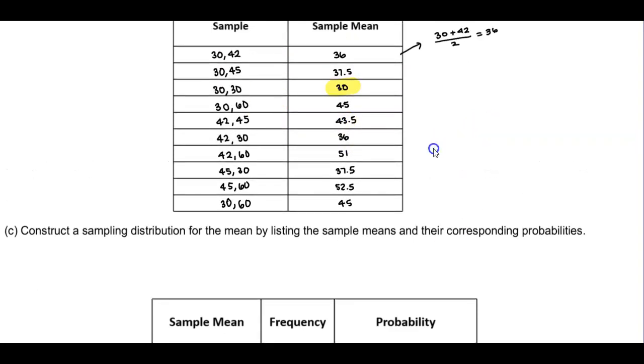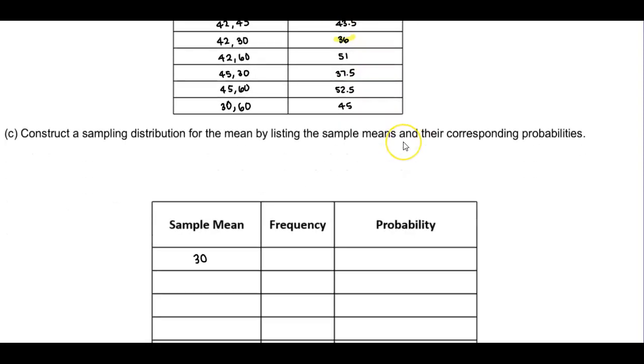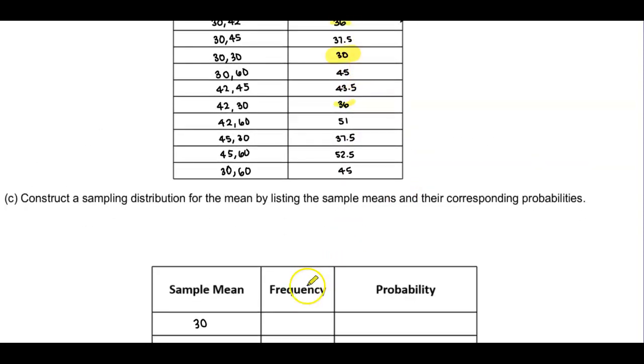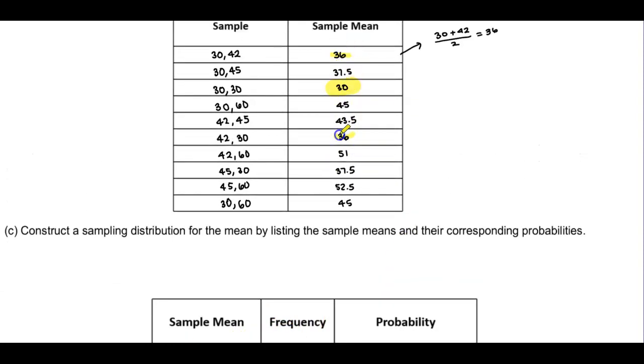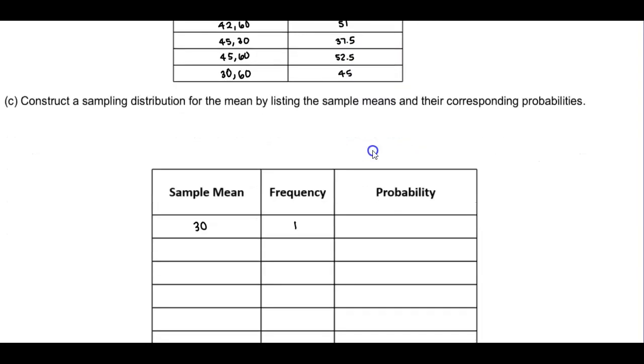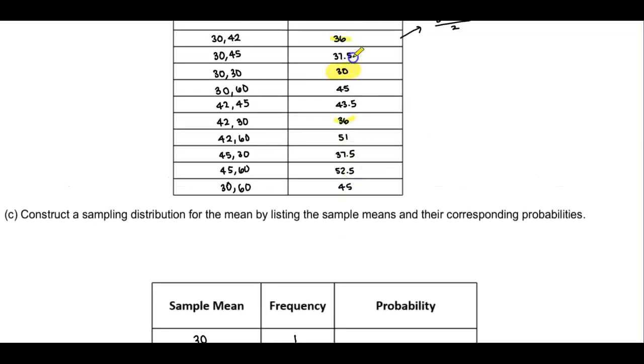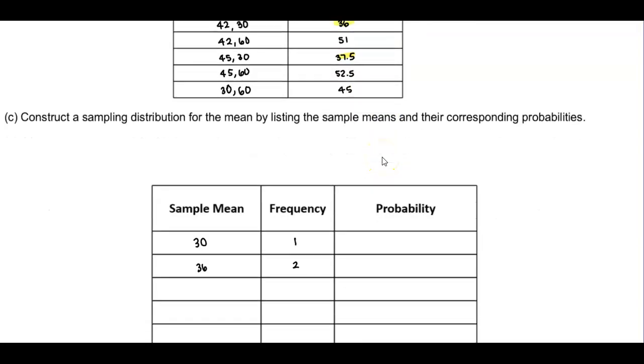Then the next one is 36. We have one of them there and another one there. Let's write out the frequency. We know that we have a 30 and the frequency is one. Then 36, which is the next one, and we have two of them. The next number is 37.5, and there's two of those.